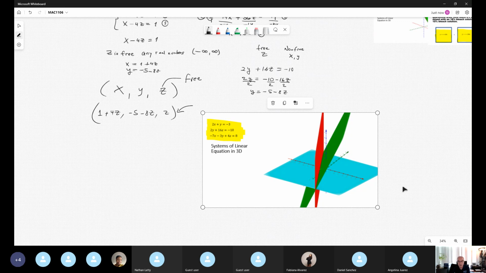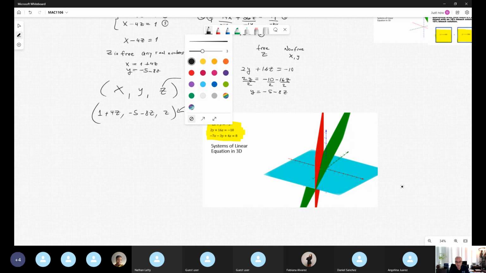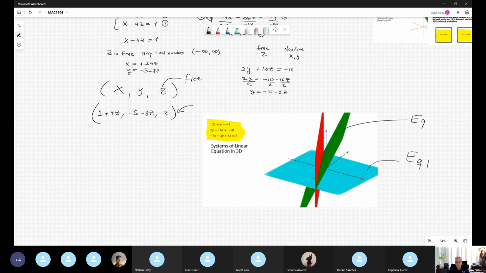The cyan equation, this equation 1, this equation 2, and the red one, equation 3. And you see that there is no common point, but there is a common line. And this line is represented algebraically by this. Guys, do you follow me?